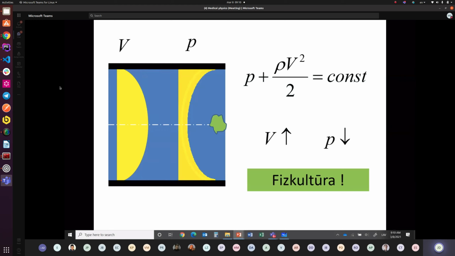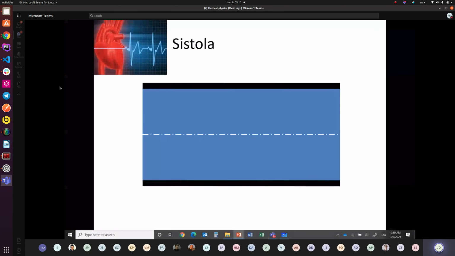Yeah. So this is because of the Bernoulli law, Newton and Bernoulli. So next, during the systole, the blood flow goes ahead. However, we know that the blood vessel is surrounded by the muscles.